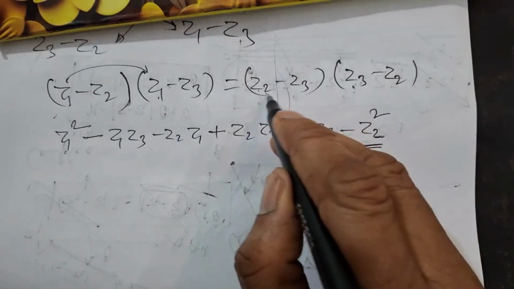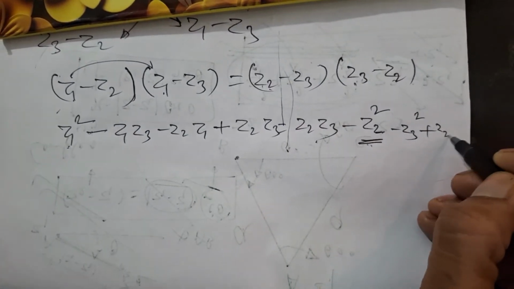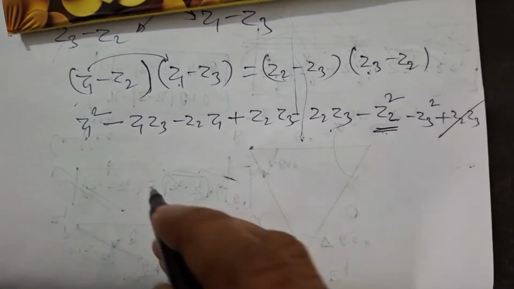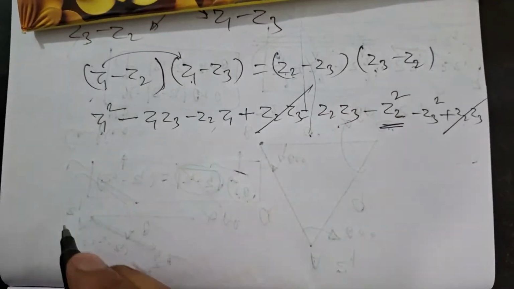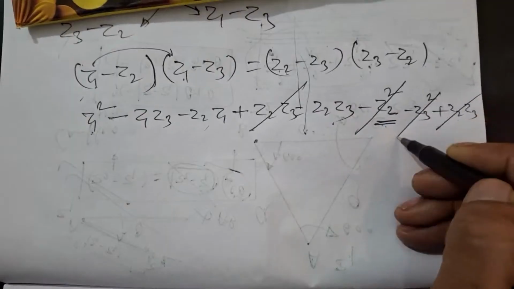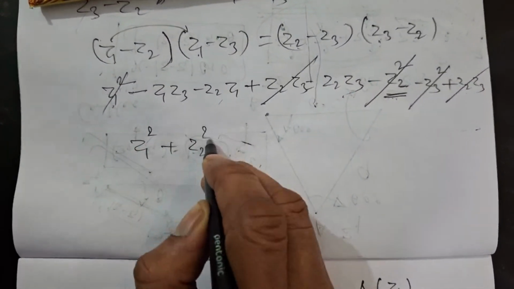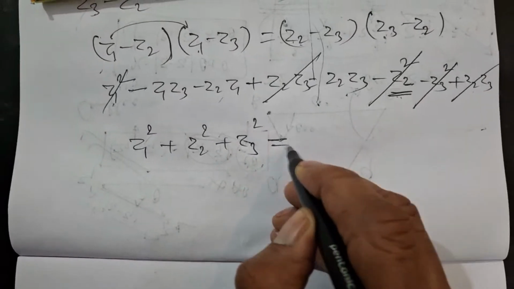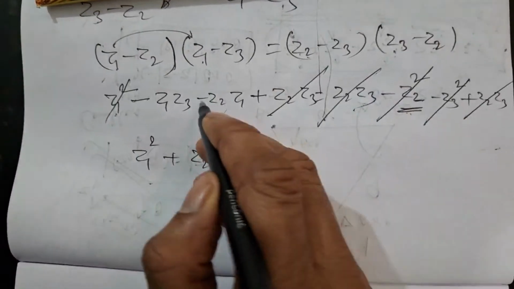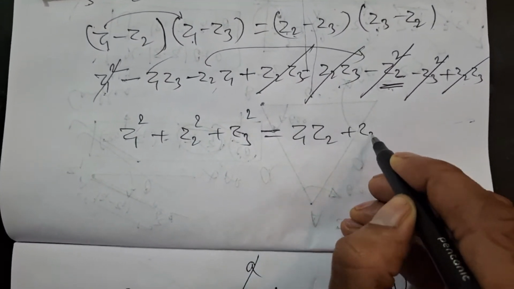Z2 Z3, Z2 square, Z3 square plus Z2 Z3. Now Z2 Z3 and Z2 Z3 get cancelled, right? Now keep the squares on one side, Z1 square, Z2 square, Z3 square, and keep the products of two complex numbers on the right side, plus Z1 Z2, Z2 Z3.